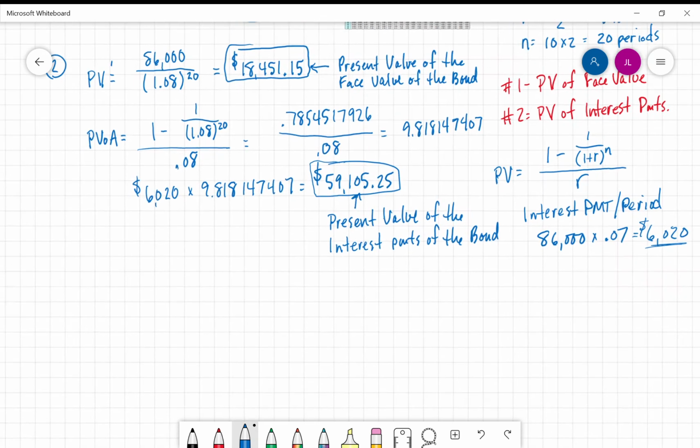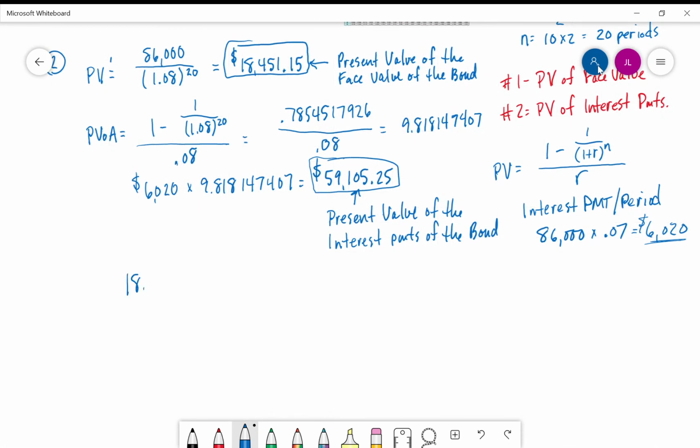Now, if we add these together, 18,451.15 plus 59,105.25, what we will get is $77,556.40. This is the present value of the bond.